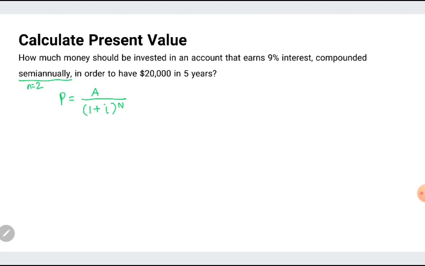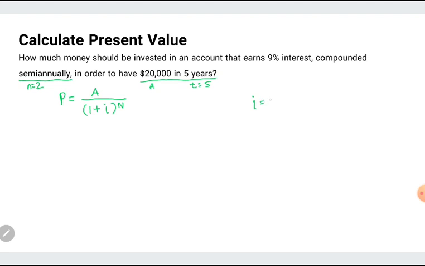There are 2 six months, 2 semi-annuals in a year, in order to have $20,000 in 5 years. In 5 years' time, you want to have this future value. This is my A. 20,000 in 5 years. That means this is a future amount. So I need to solve for the present value. How much do I have to invest today to get 20,000 in the future?